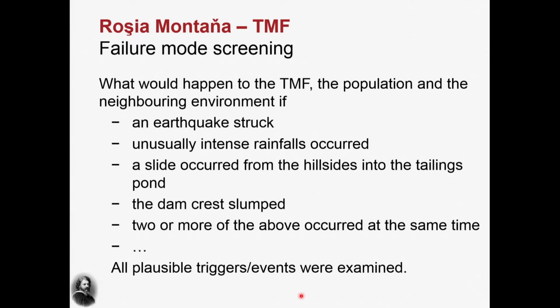And we even look at the possibility of a plane crashing in the dam or a terrorist attack. Although this is in Transylvania, where there are lots of vampires, I don't think there are too many terror actions in the area.